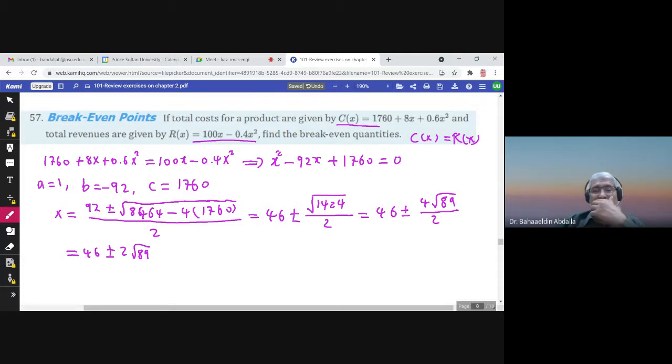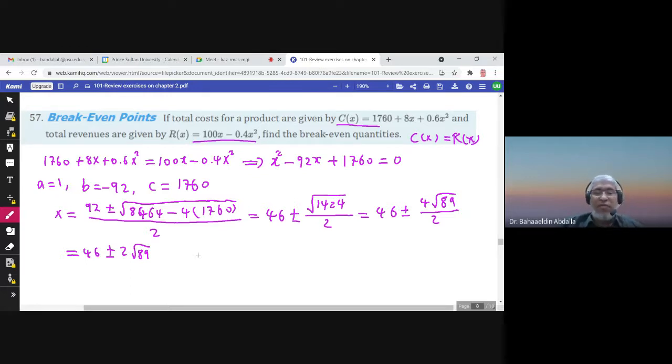Now this should be the break-even quantity. But let me check whether 46 minus 2 times square root of 89 is negative or positive. Well, it is positive.